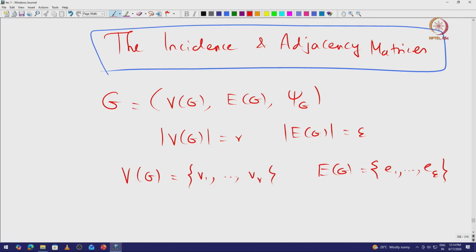The incidence matrix is a matrix of size nu by epsilon, whose rows are indexed by the vertices v1 etc. v nu, and the columns are indexed by the edges e1 etc. e epsilon.